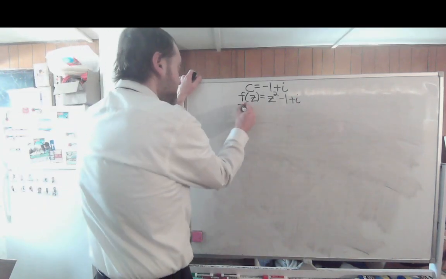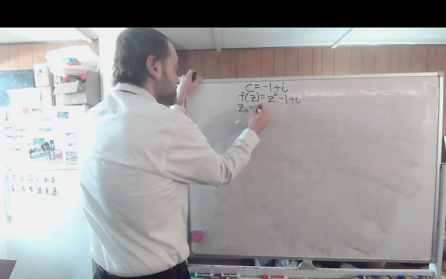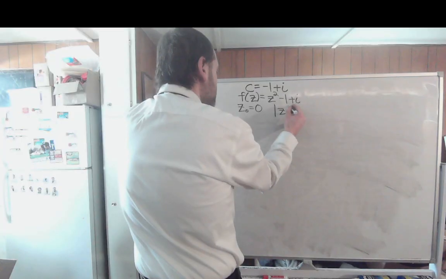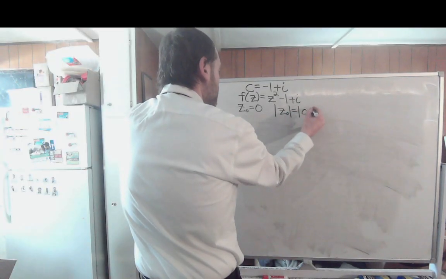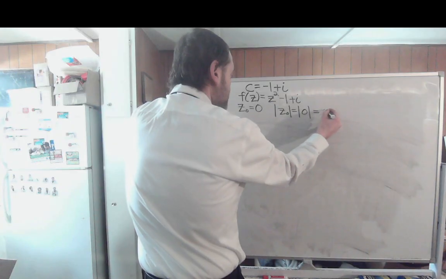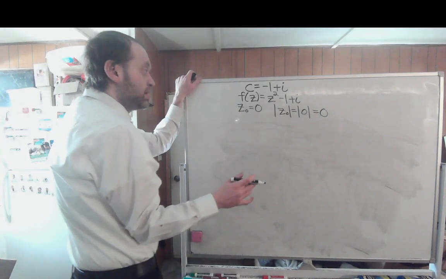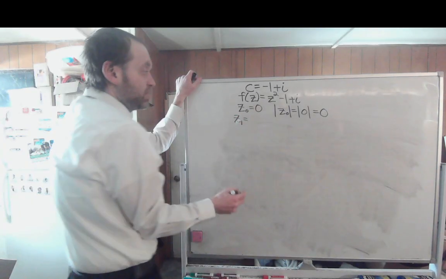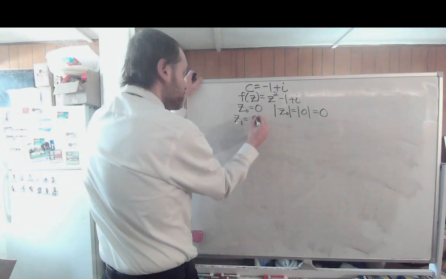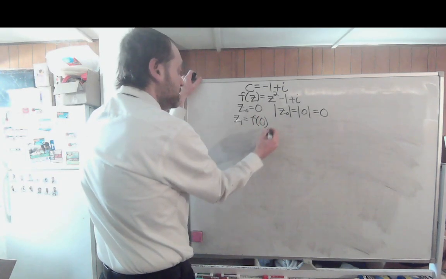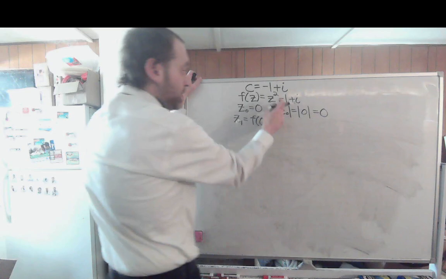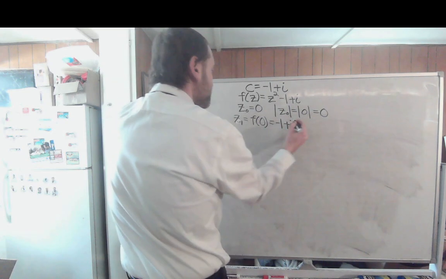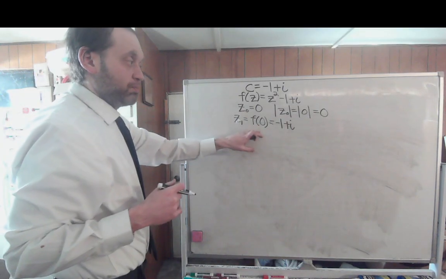Well, you get a free z sub 0, which of course is always 0. The absolute value of z sub 0 equals the absolute value of 0, which as we know is just 0. Easy enough. Now to find z sub 1, you're just going to take f of z sub 0, which would be f of 0, which would give you 0 squared, so you would just get -1 plus i for your z sub 1, okay?